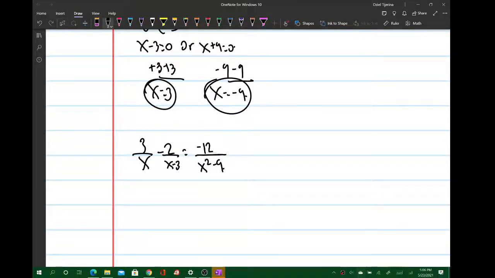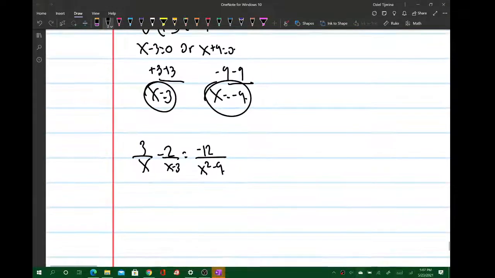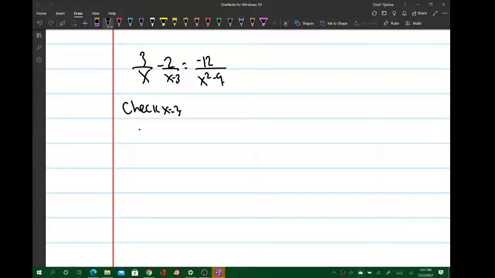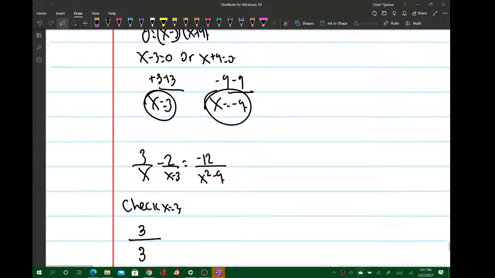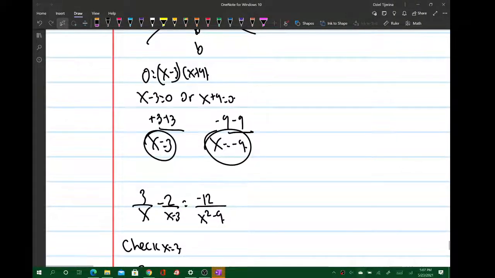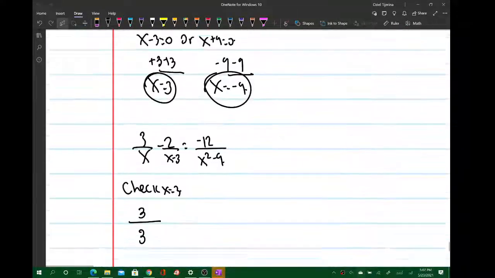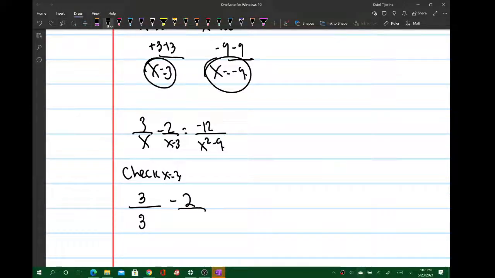Now, you have to be careful when checking this, because if you check x equals 3... so hold on, 3 over x? Okay, 3 over 3 minus 2 over 3 minus 3, is that equal to negative 12 over 3 squared minus 9?